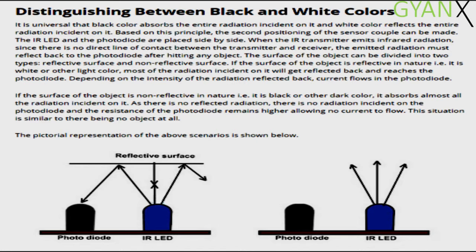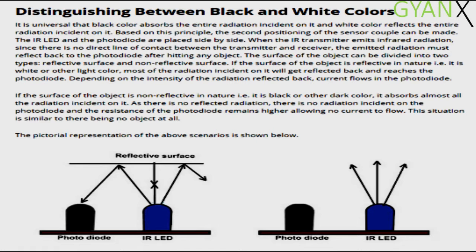If the surface of the object is reflective in nature, that is, it is white or another light color, most of the radiation incident on it will get reflected back and reach the photodiode. Depending on the intensity of the radiation reflected back, current flows in the photodiode.